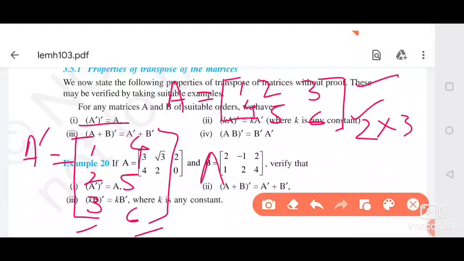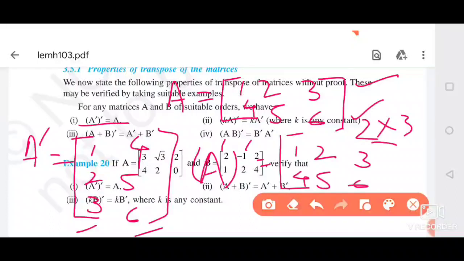If we again find A transpose whole transpose, then it will again become 1, 2, 3, 4, 5, 6. So it was the matrix of order 3 by 2 and it will again become 2 by 3.